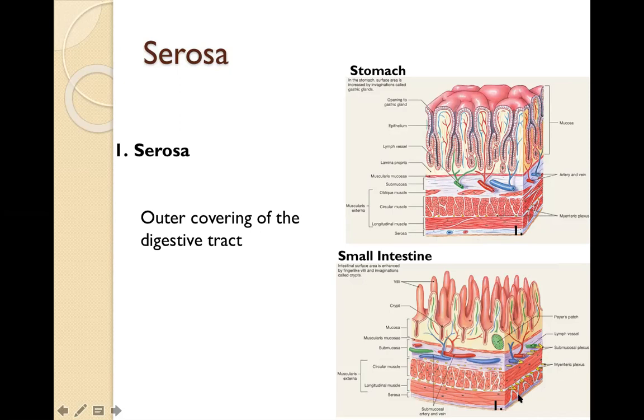If you were to actually look at an organ in an anatomy lab, you were to look at the small intestine, what you're looking at is the serosa. It's that covering of the small intestine and the stomach.